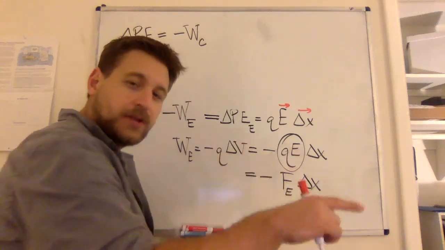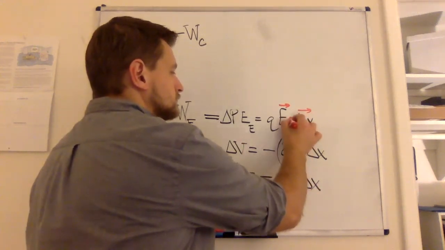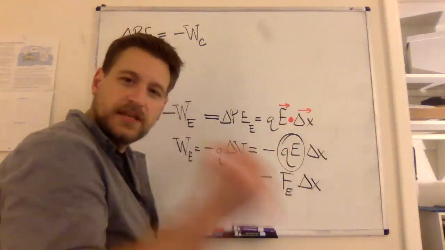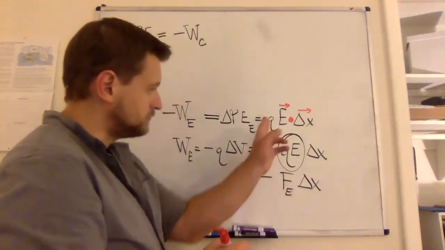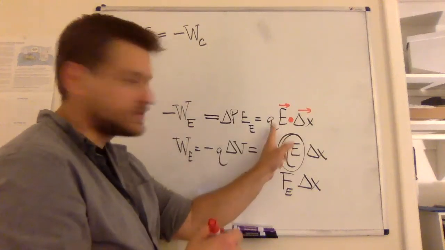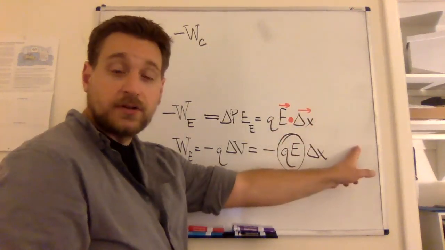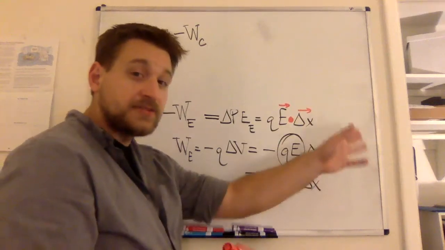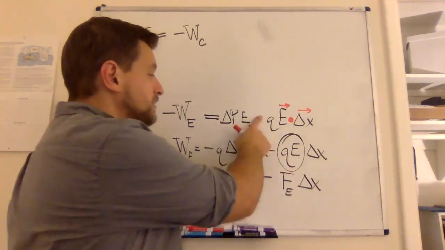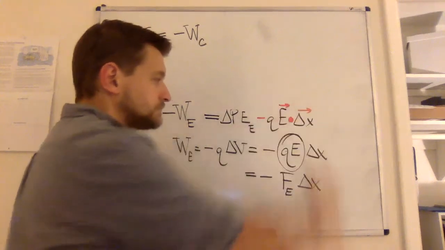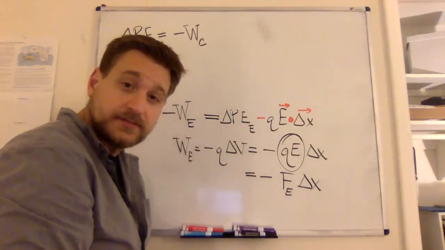If they are parallel, the angle between them is 0, and it's Q times E times displacement times cosine of 0. We would end up with a positive product, but we said delta PE needs to be negative. This minus sign needs to be here.